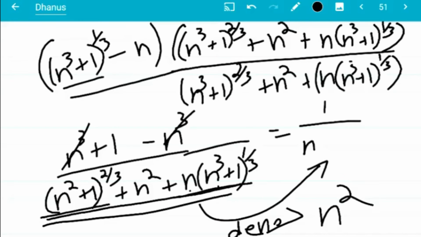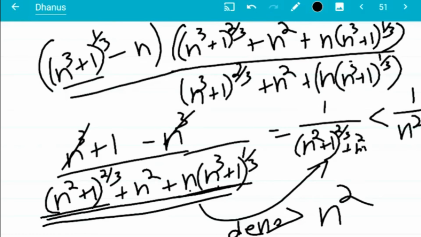That's why our term will be less than 1 by n square. I'm just telling this term will be less than 1 by n square. But all the terms are positive, so we can use the idea of the comparison test.